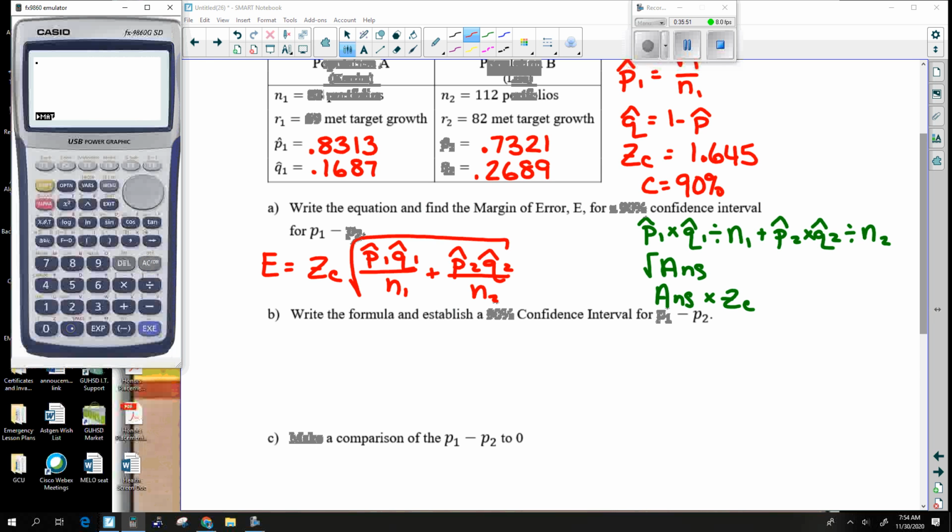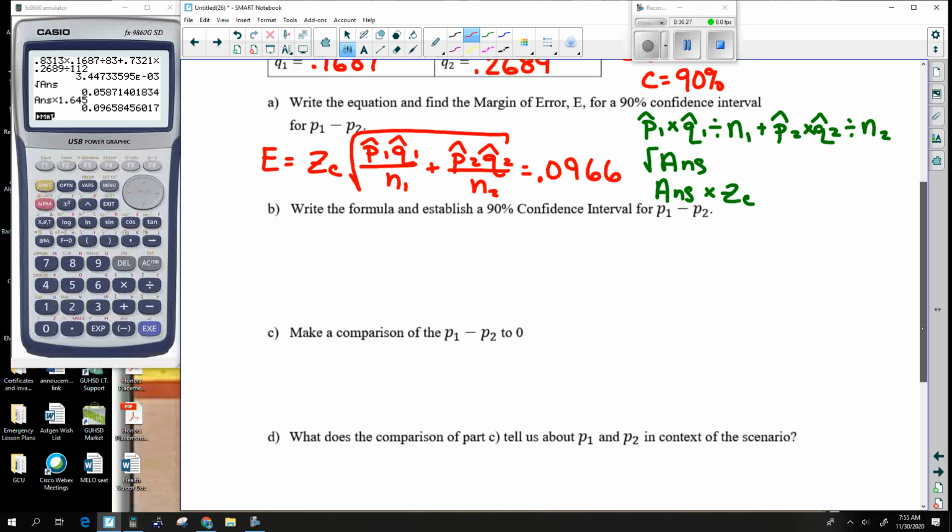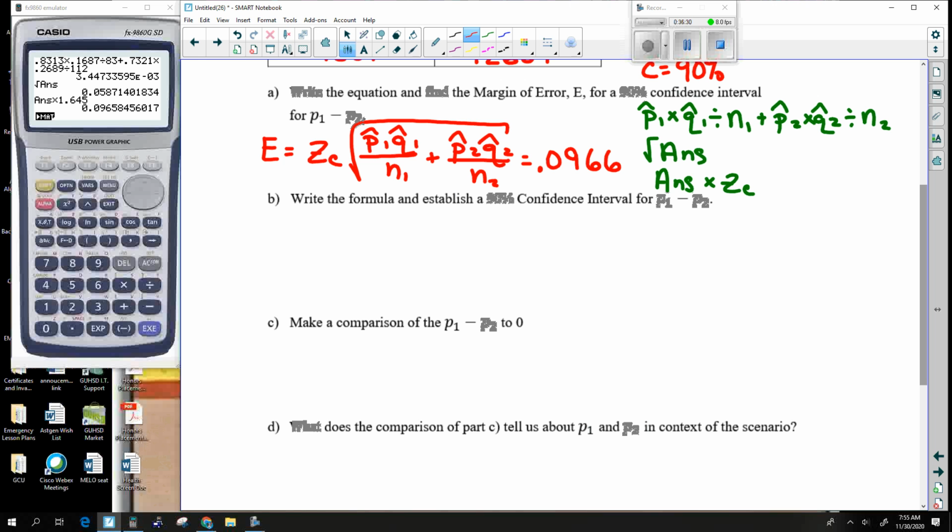So here we go. p hat 1 times q hat 1 divided by n1 plus p hat 2 times q hat 2 divided by n2. Just make sure you didn't miss a decimal or something like that. All right. I square root that and multiply by ZC. And that is our margin of error.